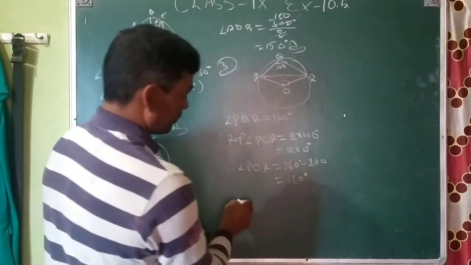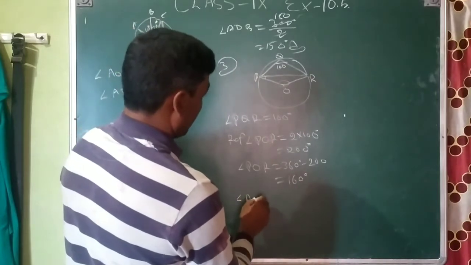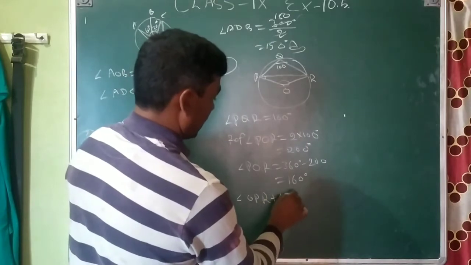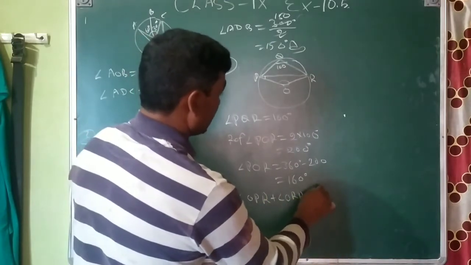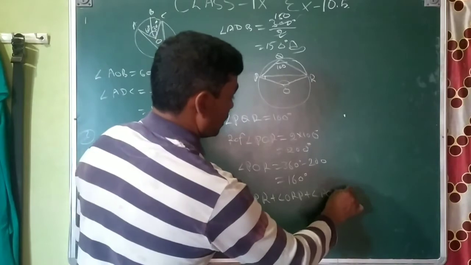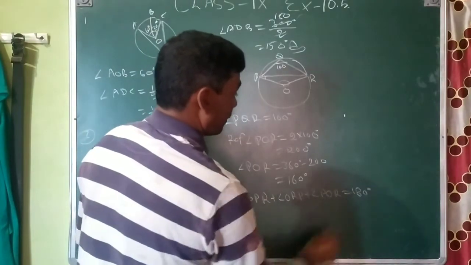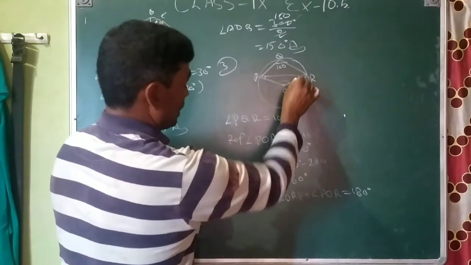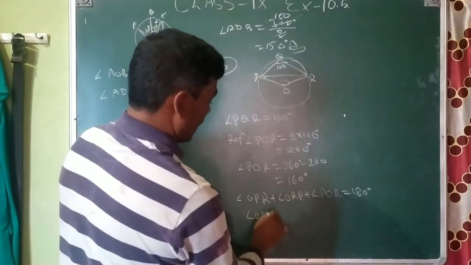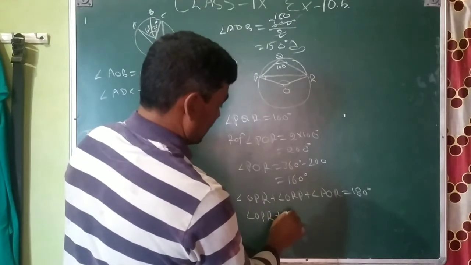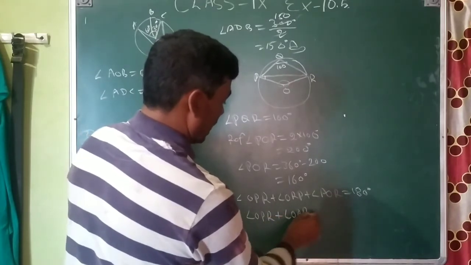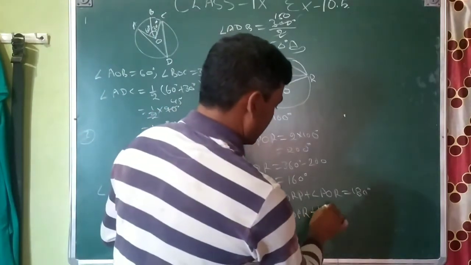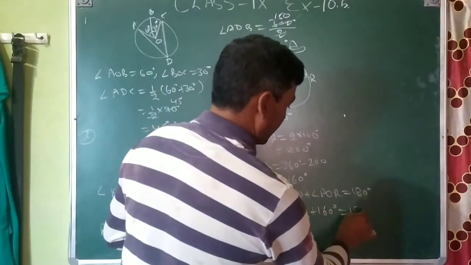And then angle OPR plus angle ORP plus angle POR is equal to 180 degrees by the angle sum property of a triangle. These two angles are equal because these two sides are equal. So angle OPR plus angle OPR plus 160 is equal to 180 degrees.